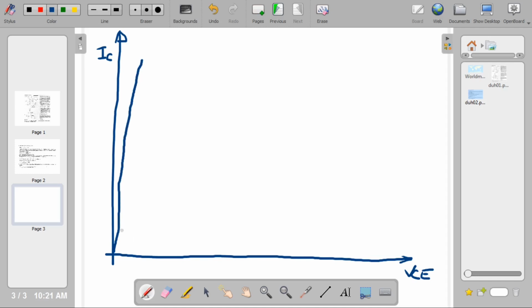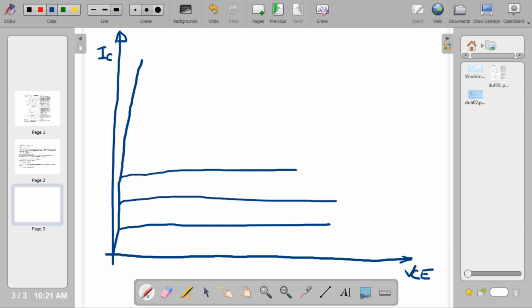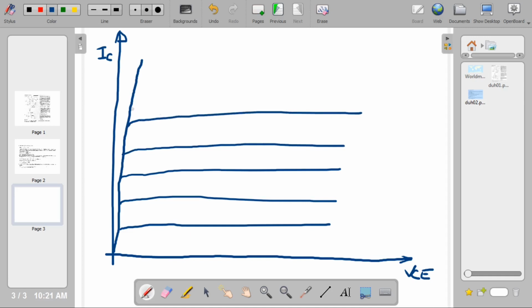Okay, so there's one here, one here, one here, one here, one here, and one here, and each of these curves corresponds to an IB value.